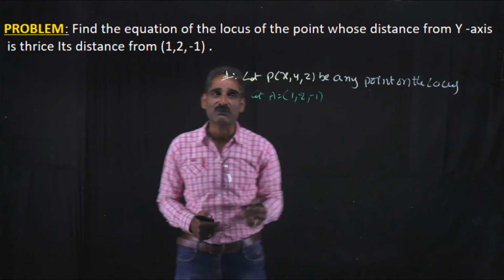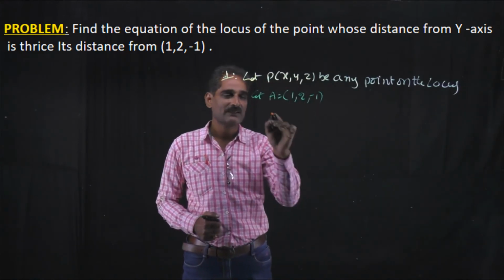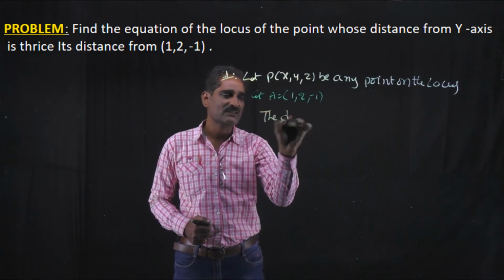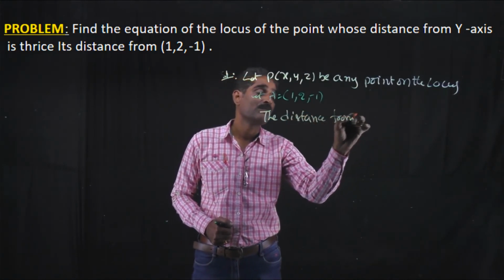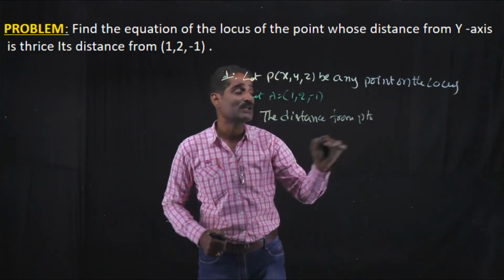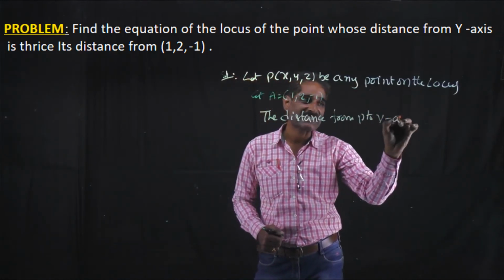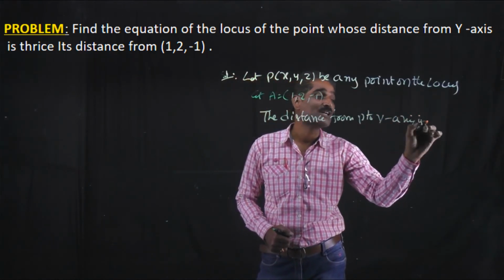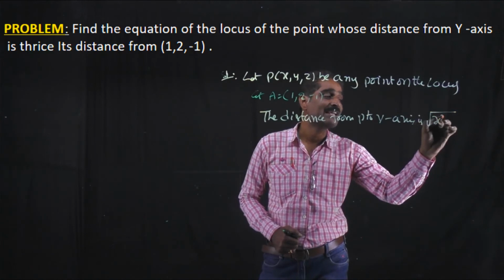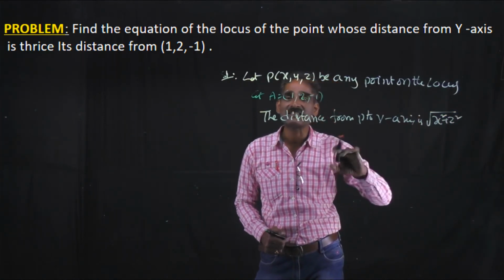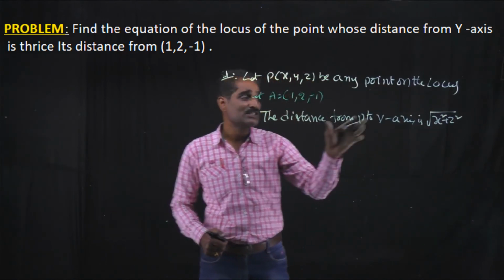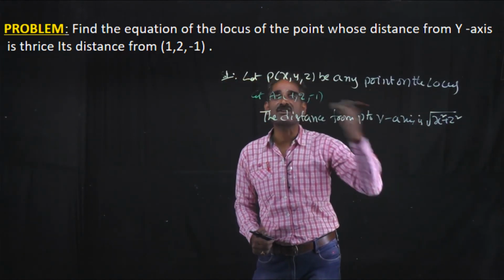What is the distance from P to the y-axis? The distance from P(x, y, z) to the y-axis is root of x square plus z square. This is one length. Another one is P to A. This distance is thrice its distance from this point.